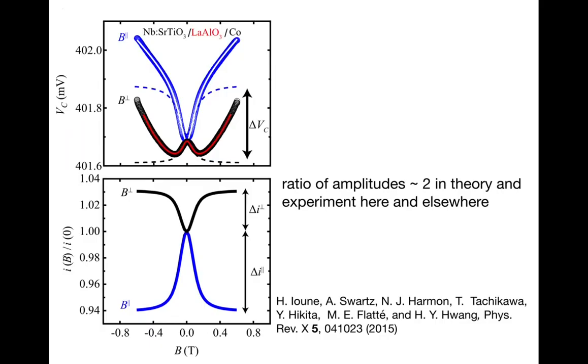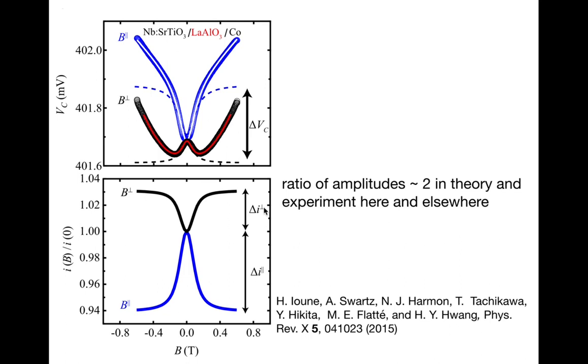Here are some results in an STO, LAO, and cobalt junction. Here's the experiment, here's the theory. Blue matches with blue and black with black. This is voltage and current, so they're opposite. There's very good agreement between the two. Notably, there's a ratio of amplitudes, delta I perp over delta I parallel.